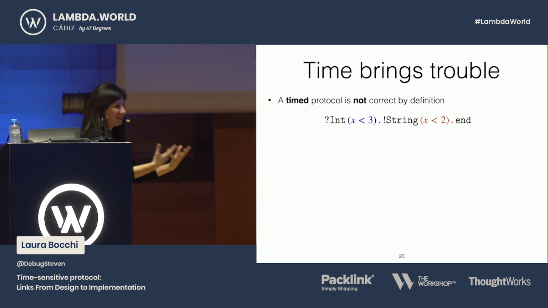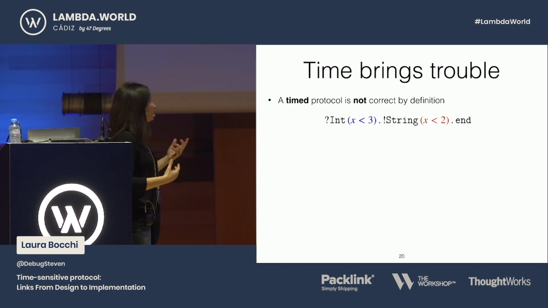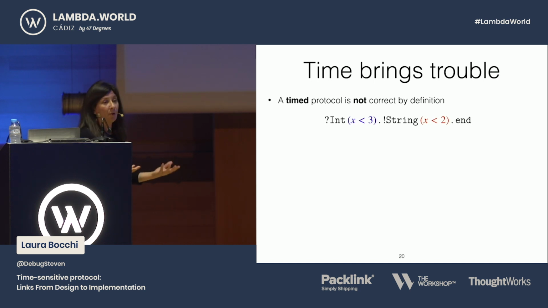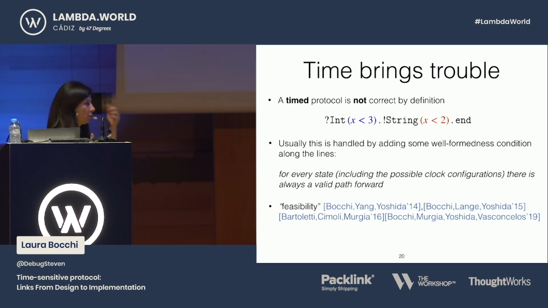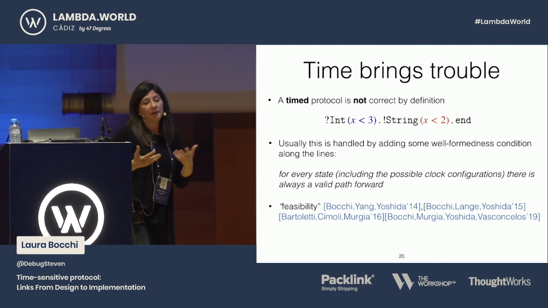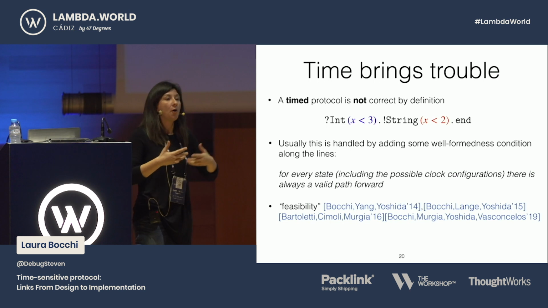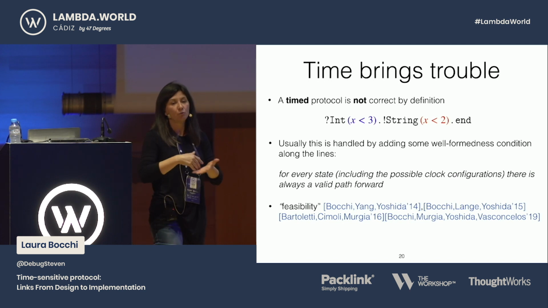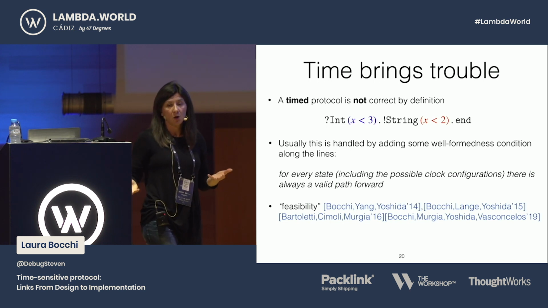You can imagine that if in some execution the integer is received at 2:30, the server doesn't know how to proceed in a way that satisfies the protocol. Okay? So this is a known problem, and it has been addressed by having some algorithm that checks well-formedness of a protocol, and again rules out all protocols that are not well-formed.